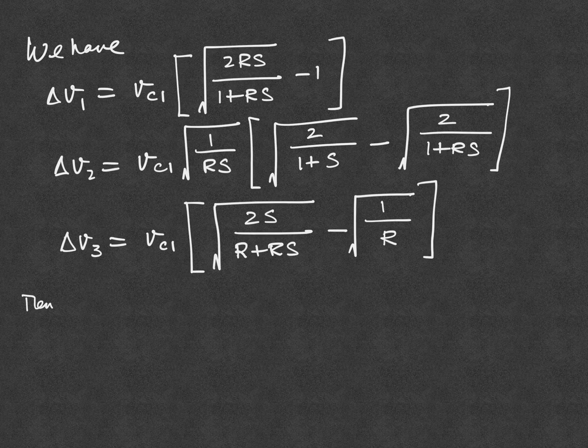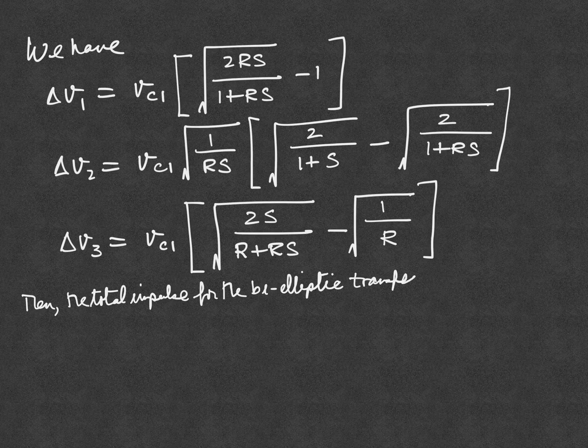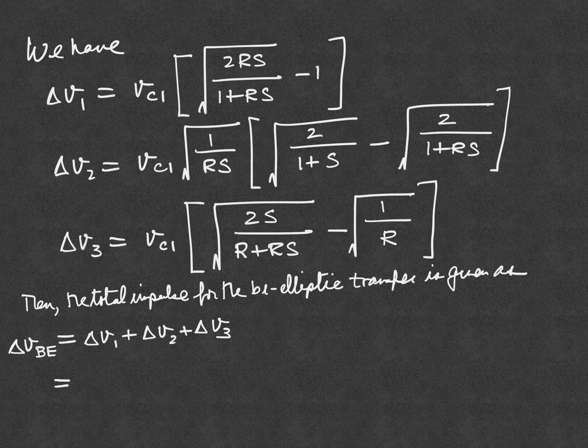So then, the total impulse for the bielliptic transfer is given as, so it will be referred to as delta V sub BE, and it's equal to delta V1 plus delta V2 plus delta V3, and that's equal to, well, you can see that there's a VC1 in front of everything, so I can factor out the VC1. And what's left is the first two terms.